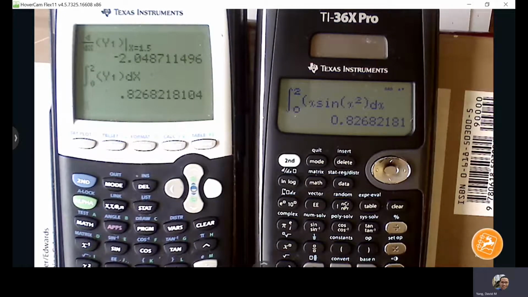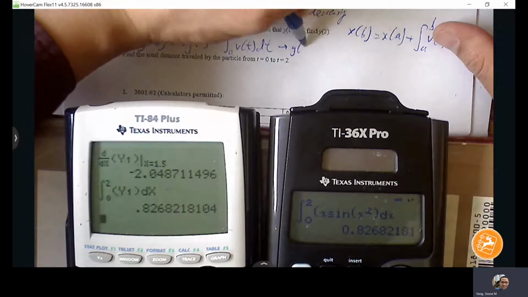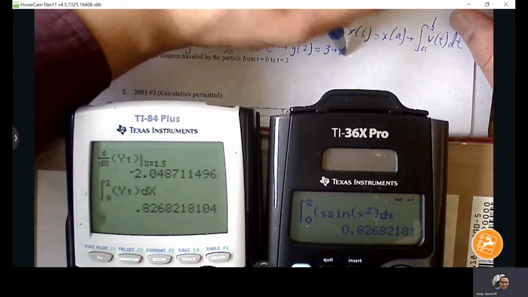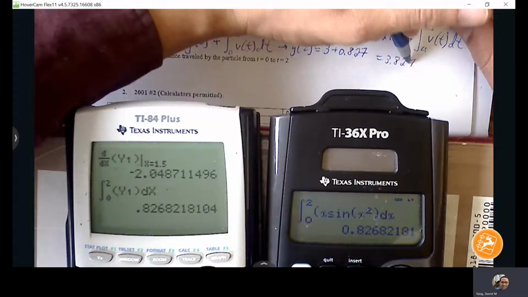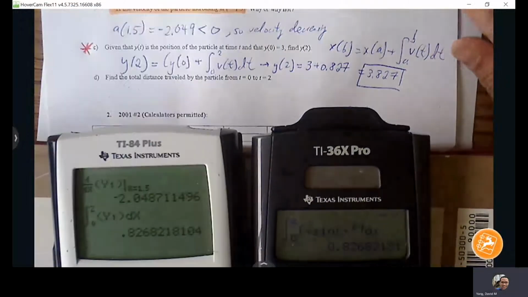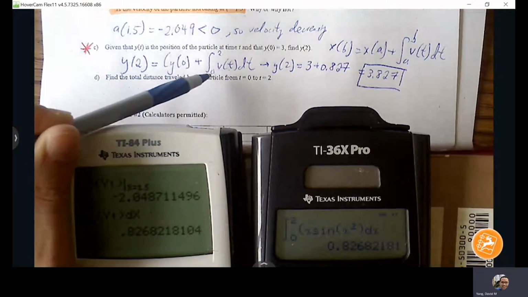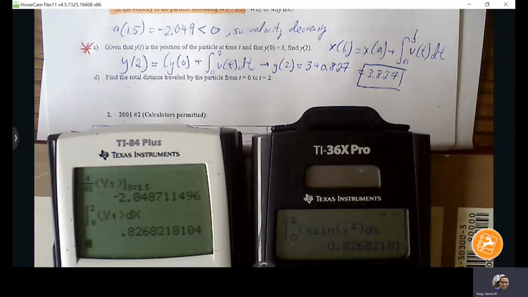That means between 0 and 2 seconds, this object is going to make a forward progress of 0.827 units. So we know he's starting at location 3, and then he's going to travel 0.827 units in that 2-second period. So he's going to end up at location 3.827.